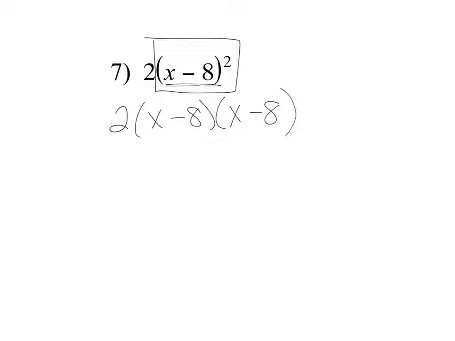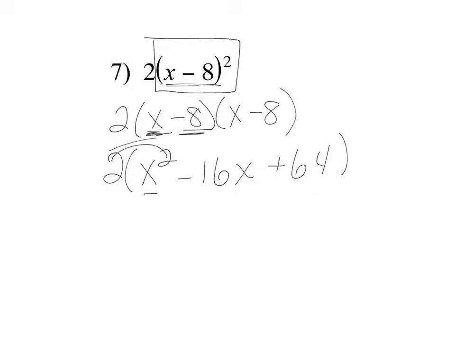Now we spent a whole day on squaring a binomial, so you should be able to remember that it's this one squared, multiply this one and this one together, and then double it. And then -8 squared is positive 64. And then you distribute that 2 throughout the problem. That trinomial, 2x squared minus 32x plus 128.